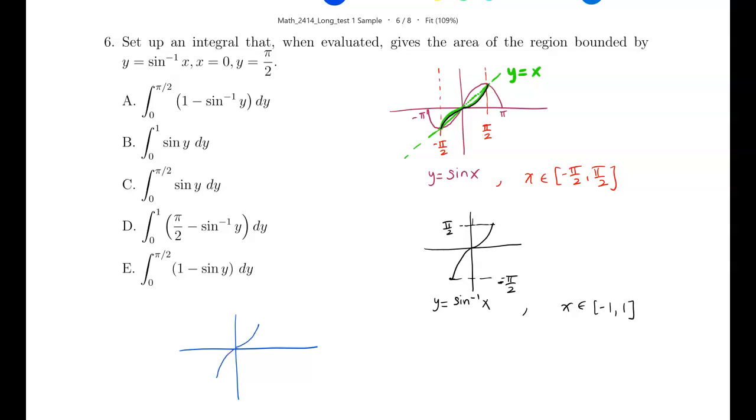And then y equals pi over 2. And then x equals 0. What is that x equals 0? It is actually your y-axis. So it is this line here. That means the region we're referring to is this region here.